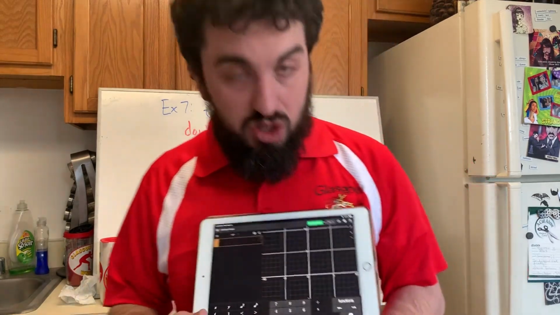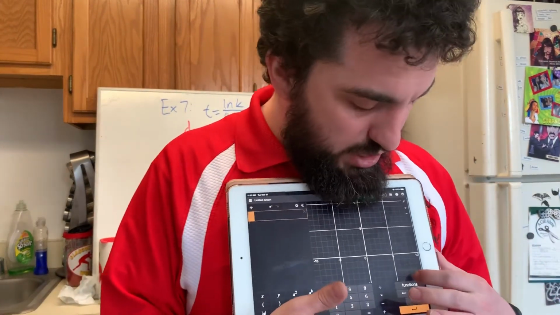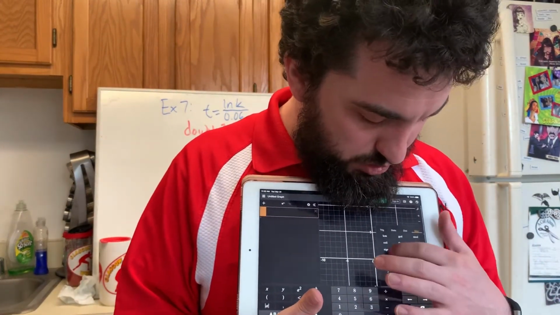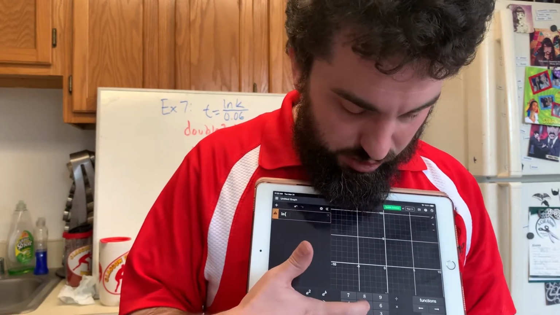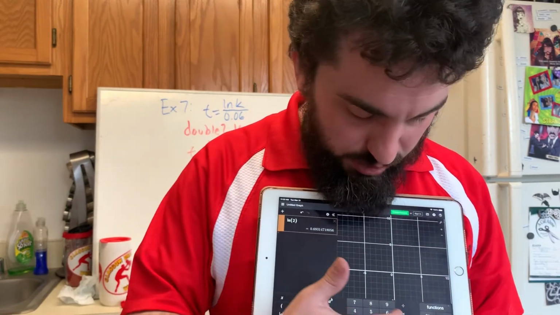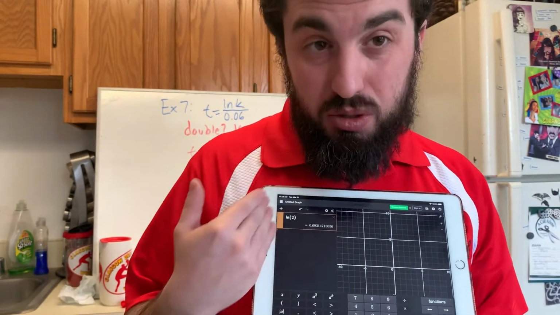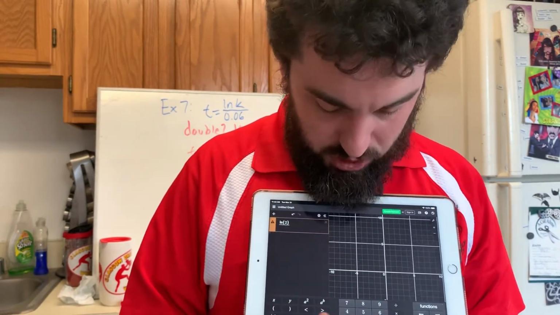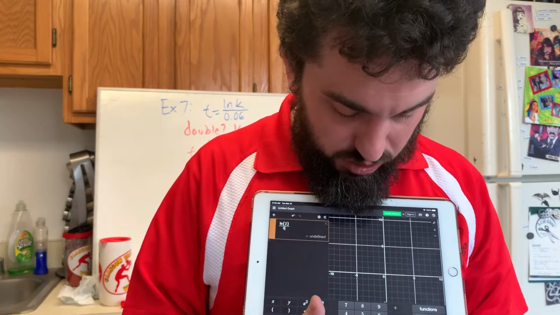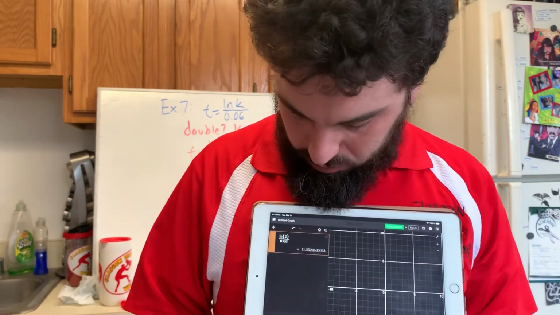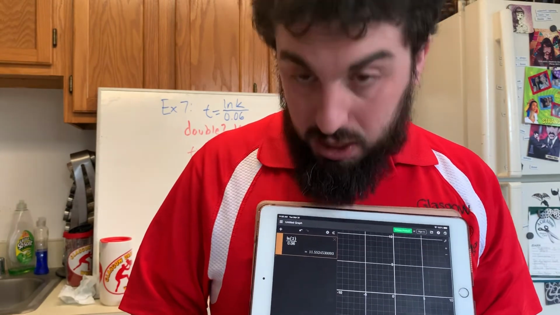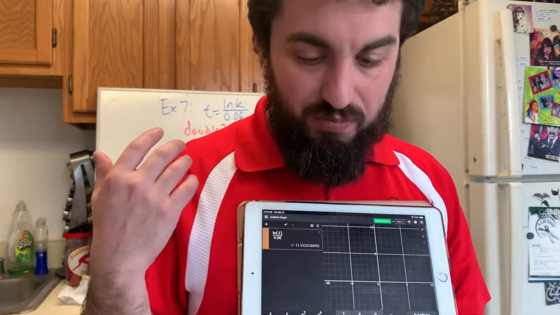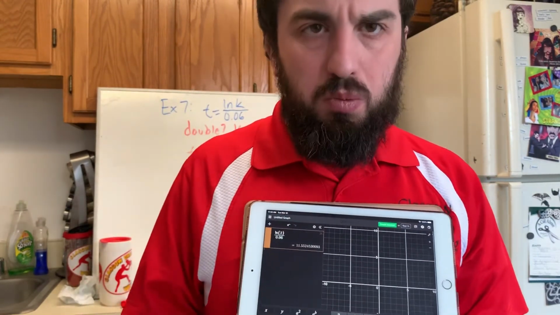Please make sure you just type in correctly and accurately. So function ln of 2. So I want to close those parentheses to make sure the division bar goes outside the natural log of 2, divided by 0.06.